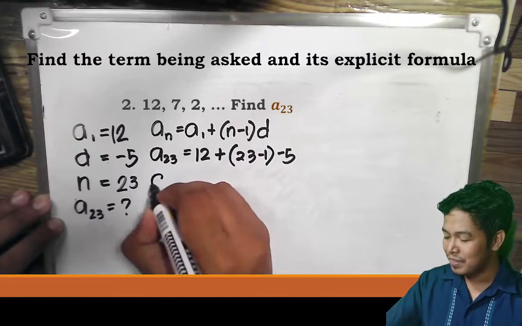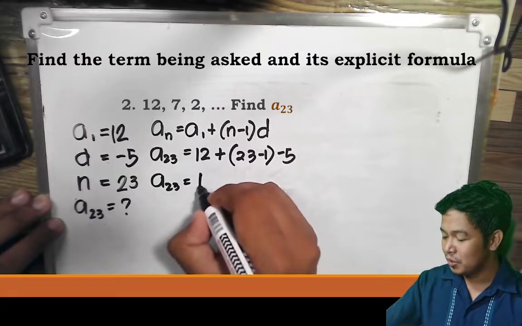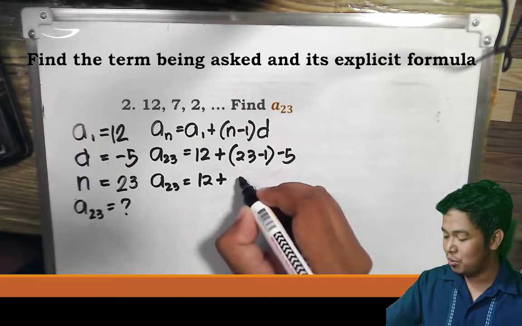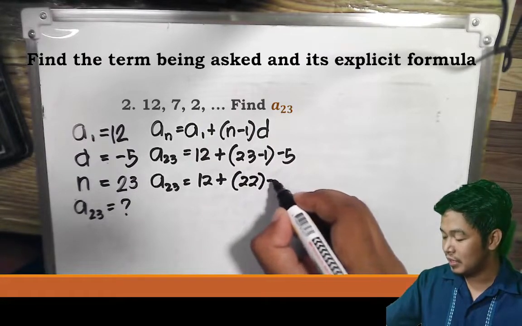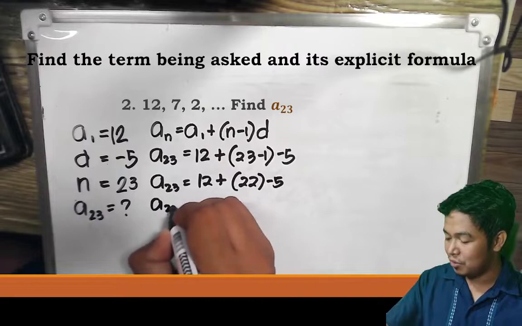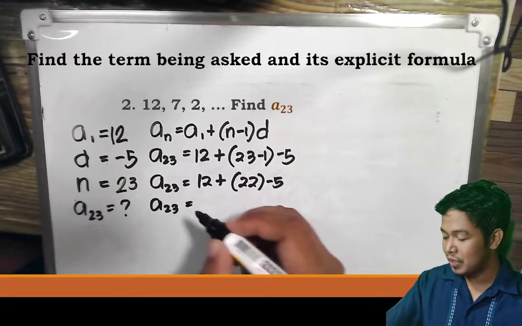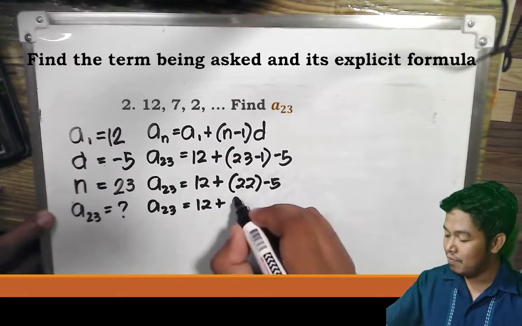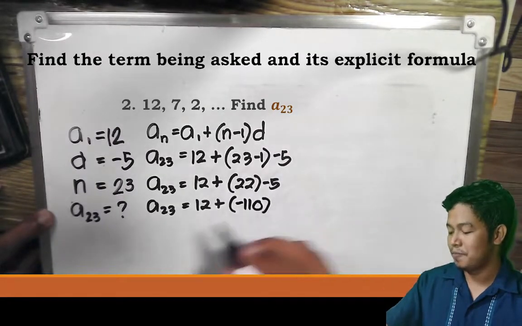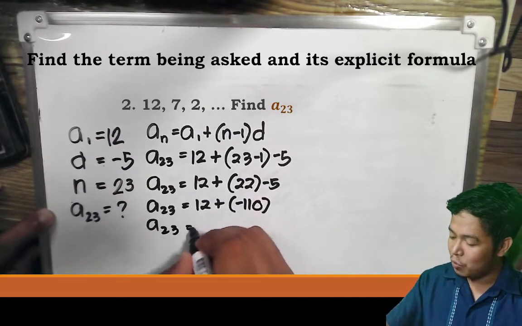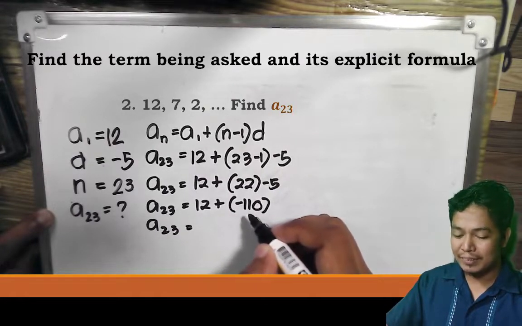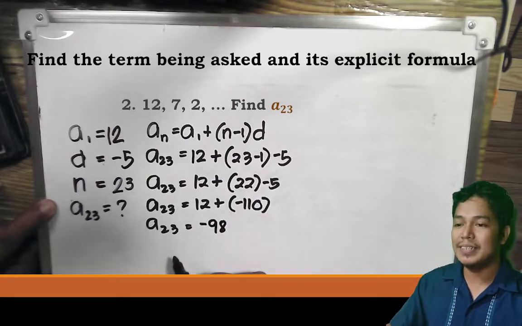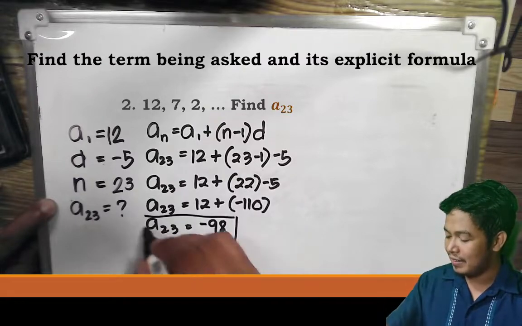Let us continue. A sub 23 is equal to 12 plus 22 times negative 5. 22 times negative 5 is negative 110. So a sub 23 is equal to 12 plus negative 110, which is negative 98. So our a sub 23 is negative 98.